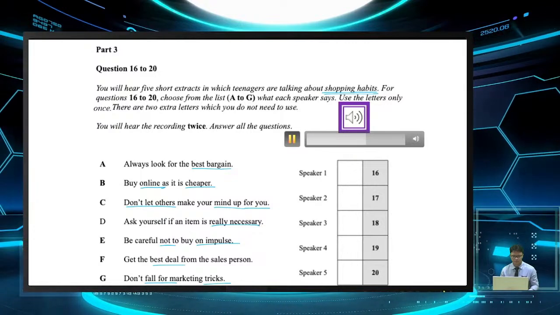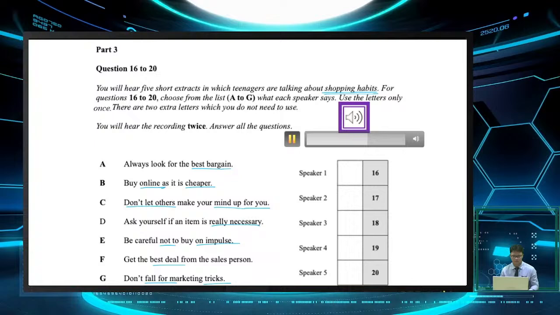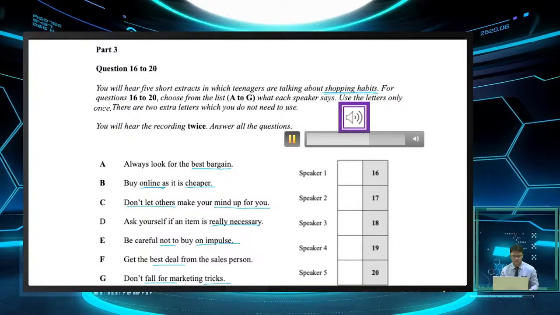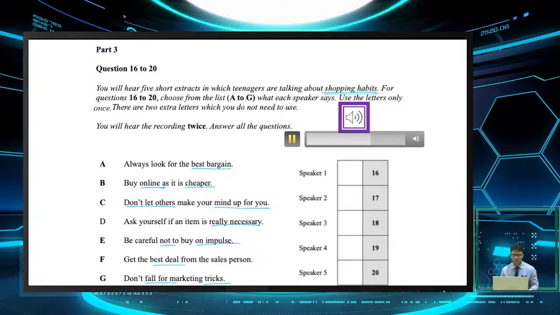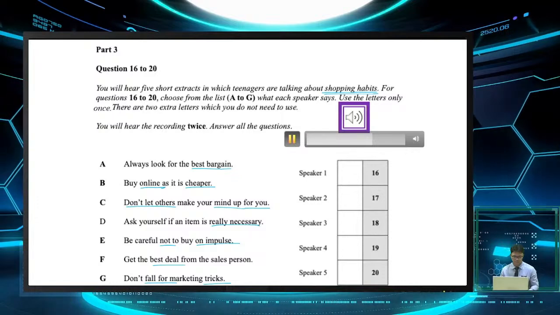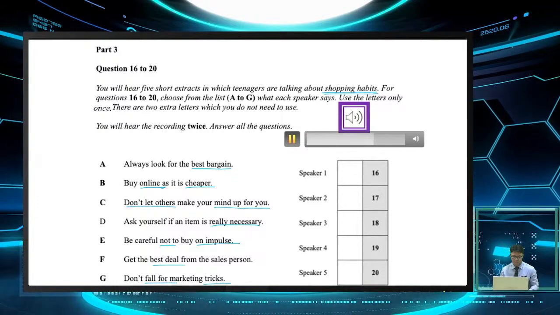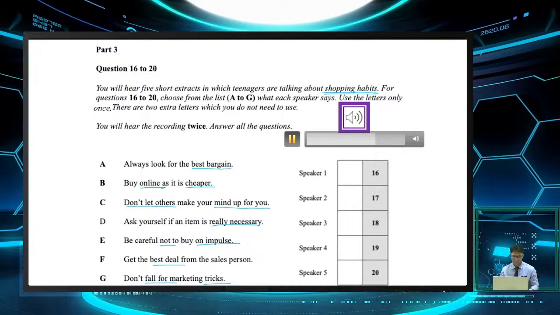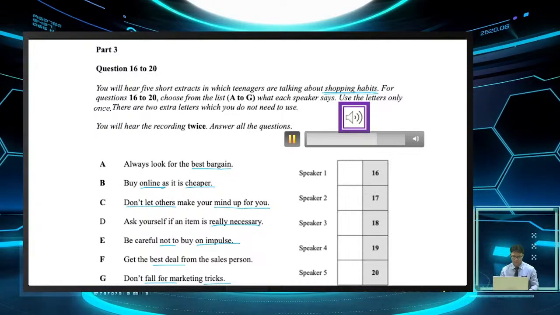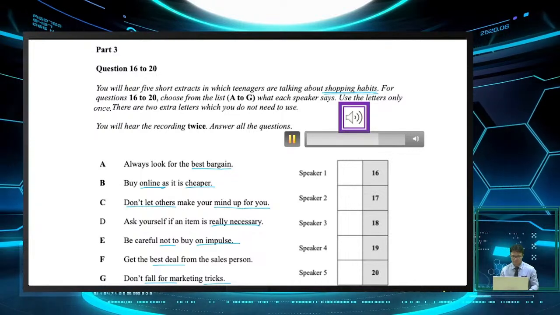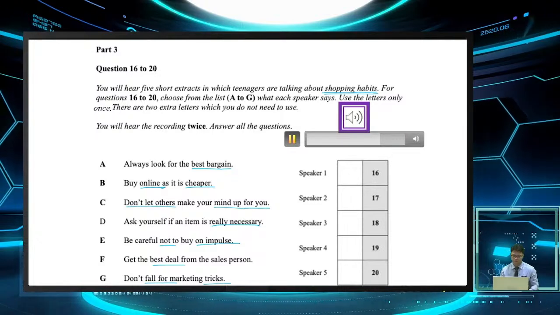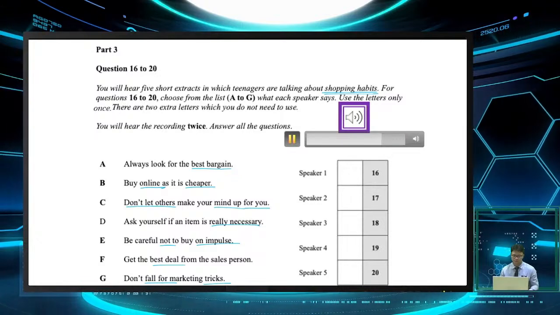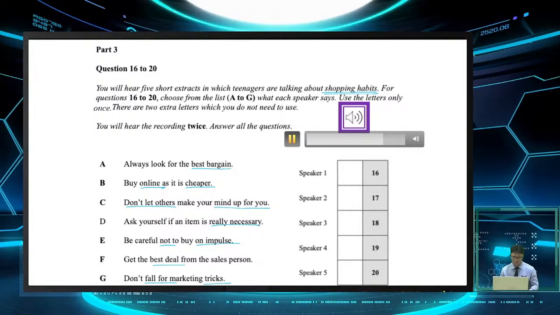Speaker 3. At the supermarket, I only buy what I've planned to get. This means that I won't be tempted to add some ice cream even if it looks really good. It doesn't matter how good it looks. If you haven't planned to buy it, don't put it in your basket. Speaker 4. Most of the time, especially when there's a sale, it's easy to buy things just because they're on sale.